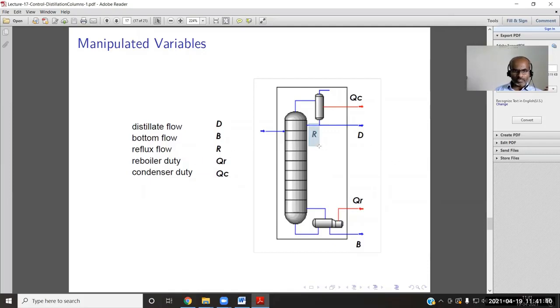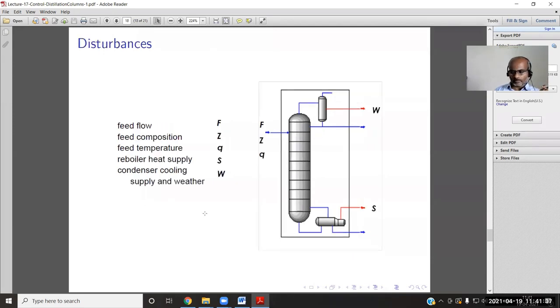And reflux rate is one of the manipulated variables. The reflux rate is normally used for controlling the temperature. And flow rates are also manipulated variables. You can even manipulate the distillate flow rate as well as the bottom flow rate. That way also you can increase or decrease the reflux and boilup.